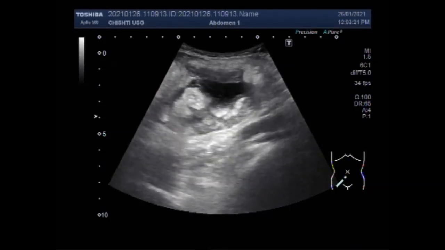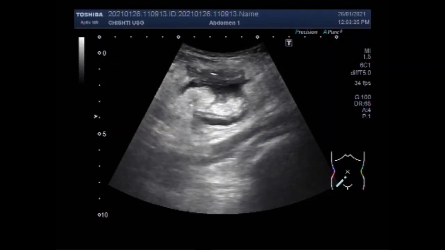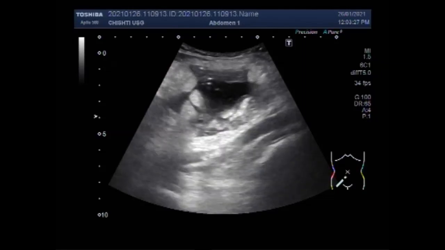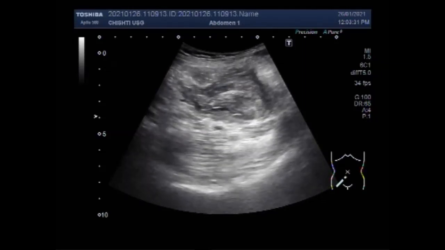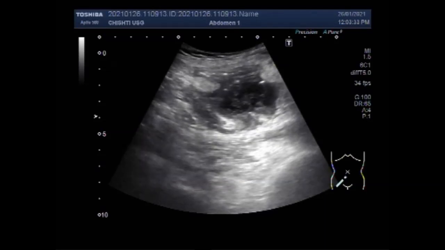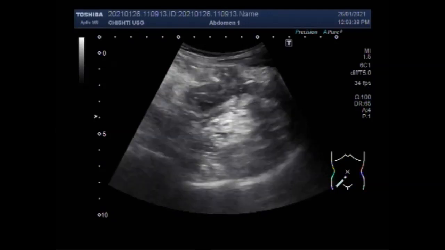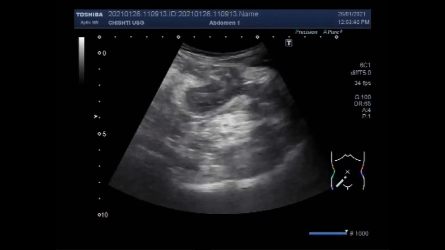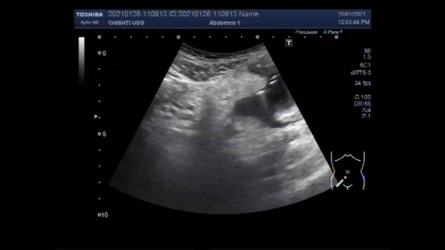Now you can see a large abscess is seen in the right iliac fossa, and the abscess is seen in the superior portion of the inflamed appendix.